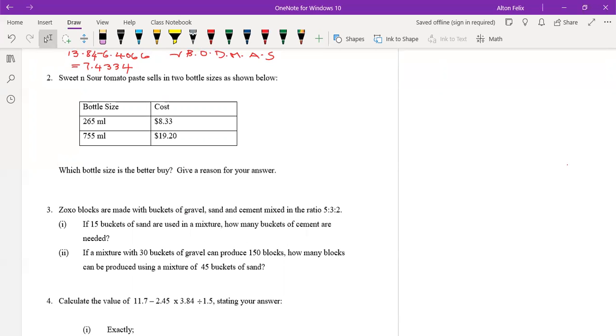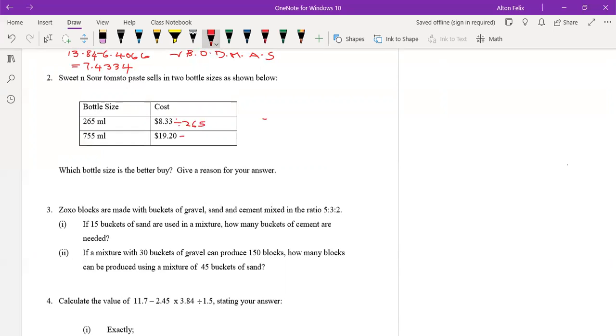Basically you can find the cost per milliliter. So if 265 mLs cost $8.33, let's see what is the cost per ml. So we simply divide this by our 265, and that will give us the price per ml.